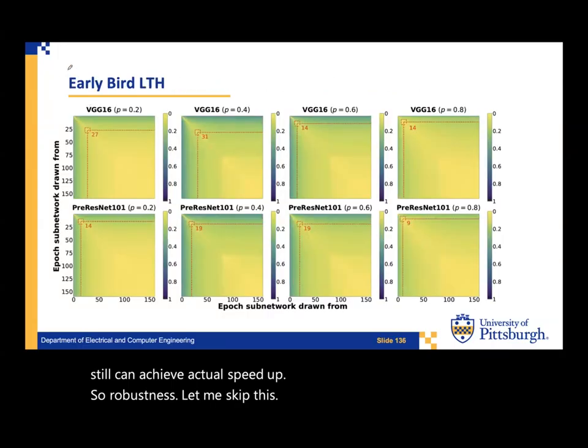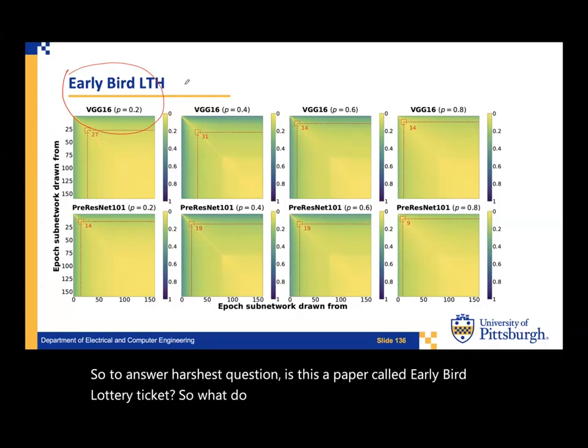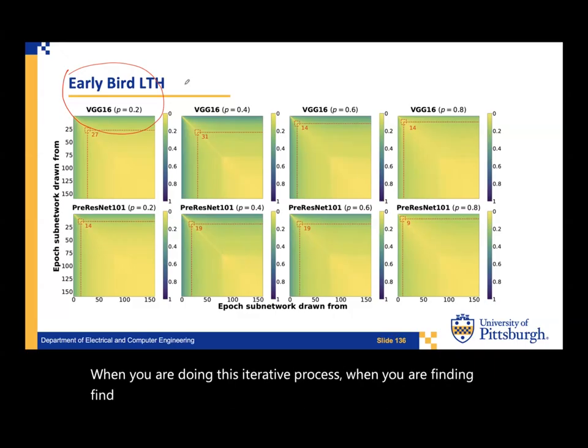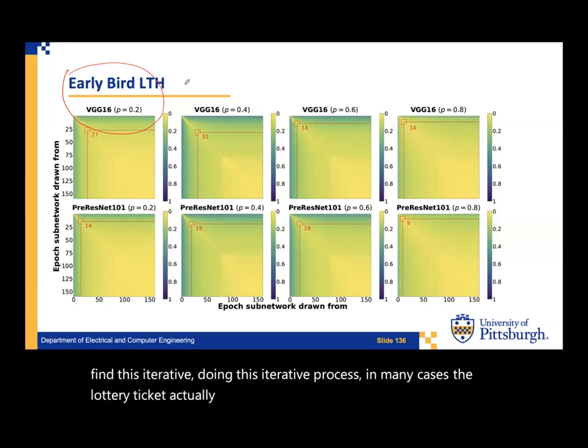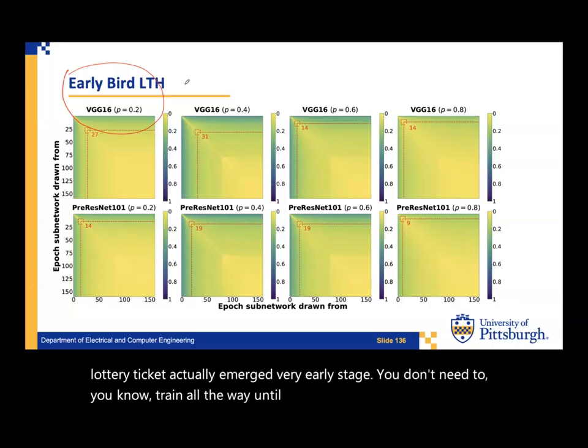To answer Harsh's question, there is a paper called Early Bird Lottery Ticket. What people found is that when you are doing this iterative process, in many cases the lottery ticket actually emerges at a very early stage. You don't need to train all the way until the network totally stabilizes, meaning that you can't prune anymore.